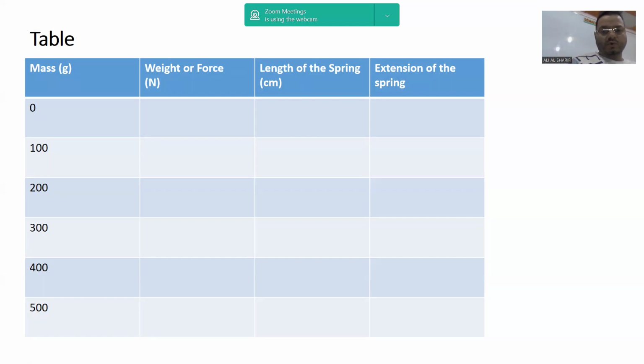After that, you will calculate the length of the spring and the extension of the spring. In your curve, you must determine the slope. We will work on these two columns, the force in Newton and the extension of the spring. The extension of the spring will be on the y-axis, and the weight or force in Newton on the x-axis.